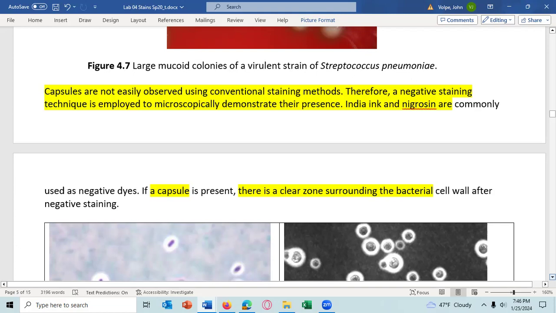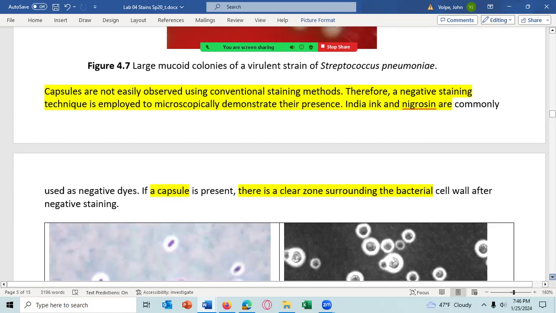We use a negative stain to visually see the capsule. Usually the negative stain, also called the capsule stain, uses India ink or nigrosin. If the capsule is present, there will be a clear zone surrounding the cell, the bacteria.